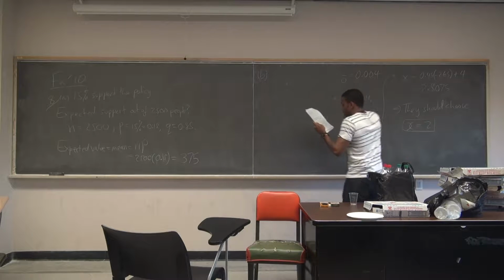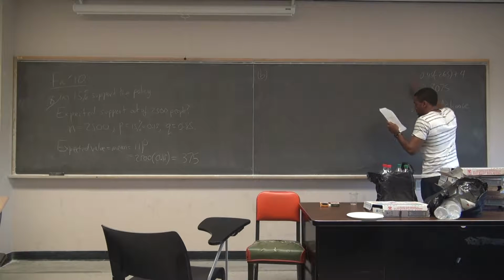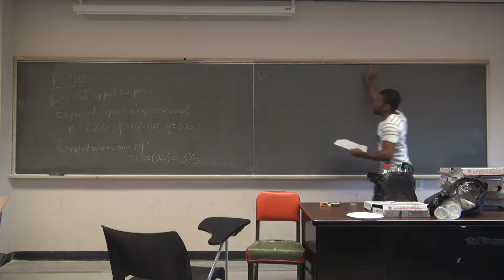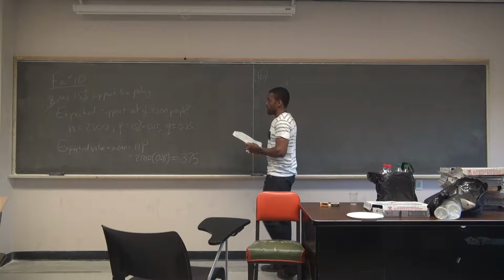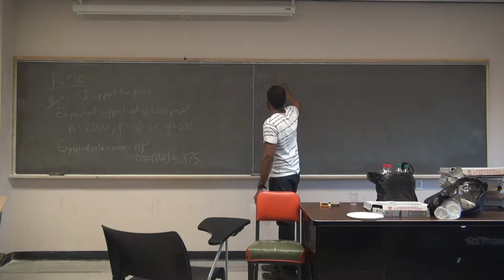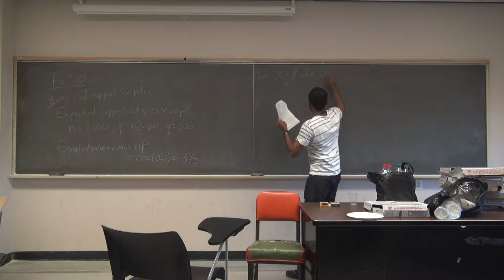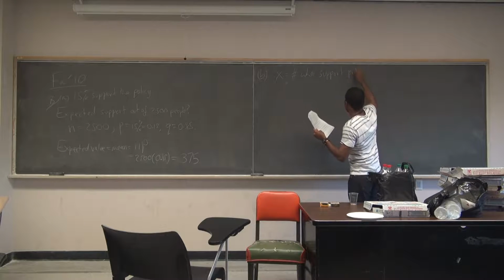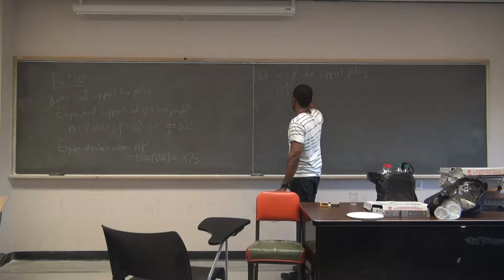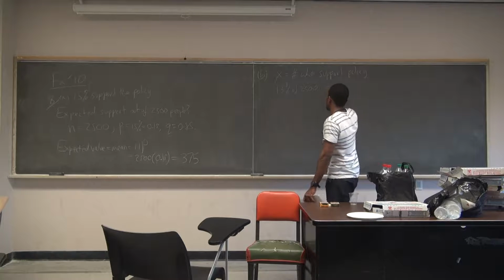Okay, so now in part B, assuming the claim stated in A, what is the probability that fewer than 13% would favor the tuition policy? First, I figure out how many is 13%. X equals the number who support the policy. 13% of 2,500 is 325.